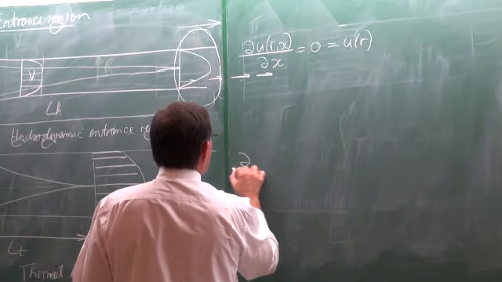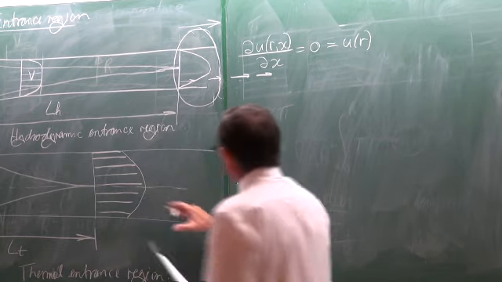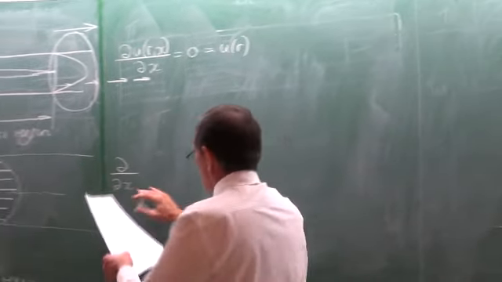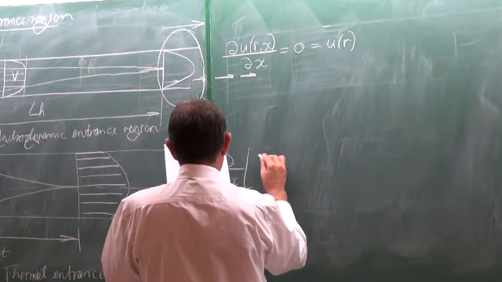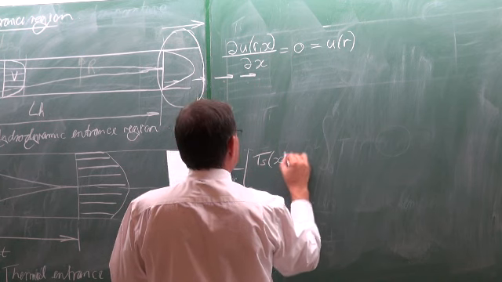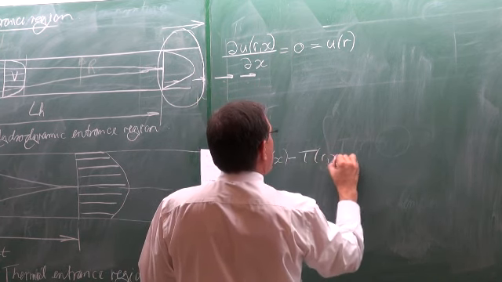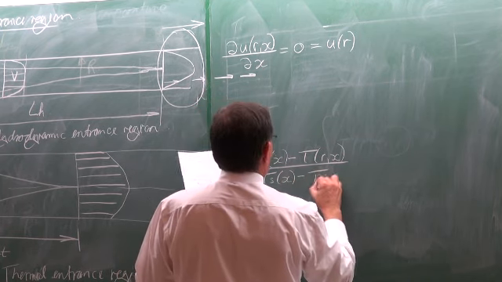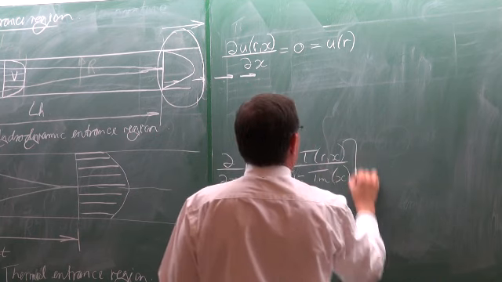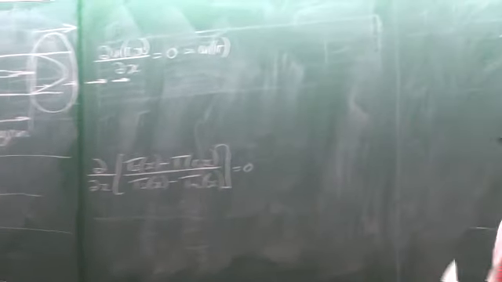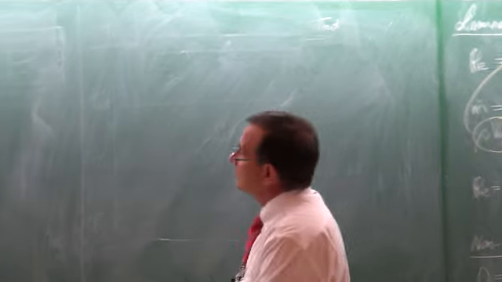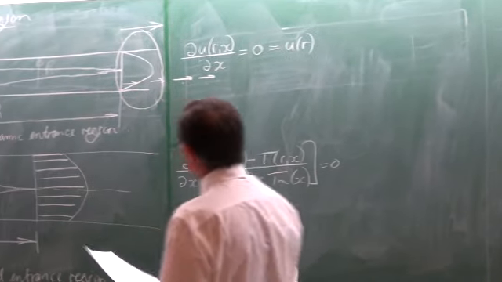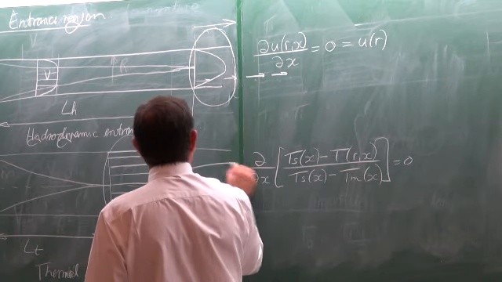The thermal boundary layer is going to look a little bit strange, but if you look at the definition, you will see it is equal to ∂/∂x of (T_s(x) − T(r,x)) / (T_s(x) − T_m(x)), and that is equal to 0. So the temperature gradient is equal to 0, and ∂u/∂x is equal to 0 from this point on forward.